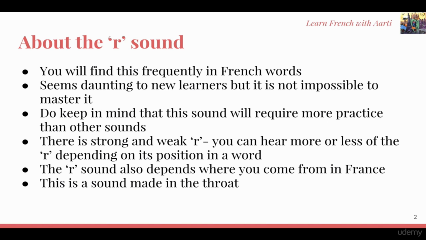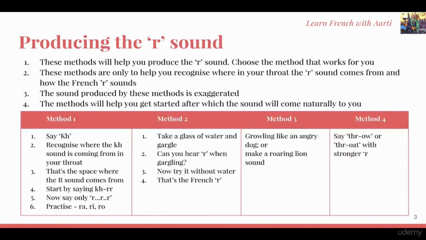The R sound depends where you come from in France. This is a sound that's made in the throat. It's a bit raspy. There is a strong and weak R depending on its position in a word. Let's begin. How do you produce the R sound? I've listed 4 methods here.